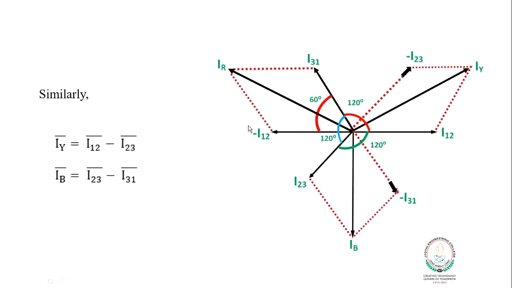Here no need to take minus I12 because we are extending this I12 in the opposite direction. So now it becomes minus I12. So no need to take again minus I12 in the magnitude.